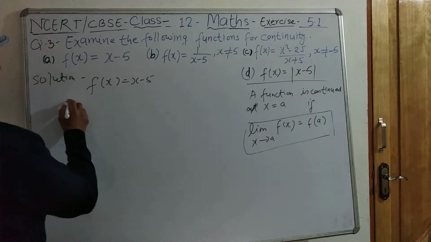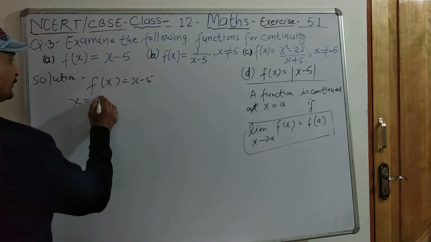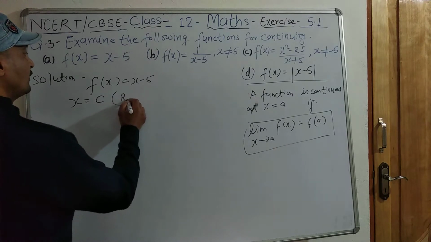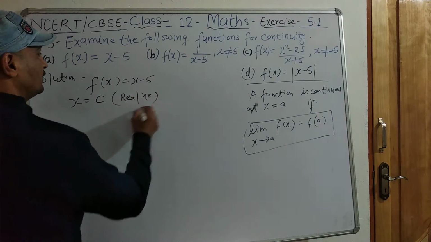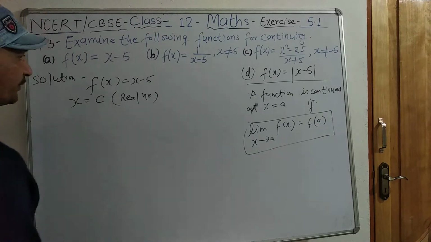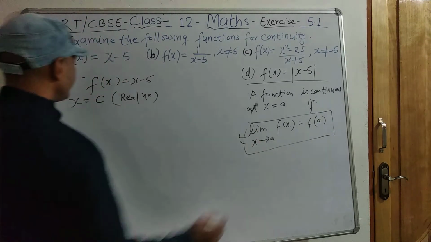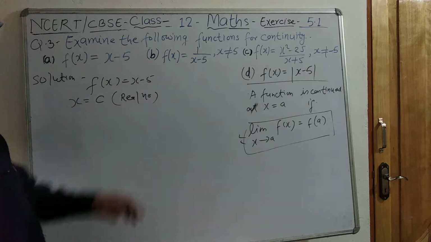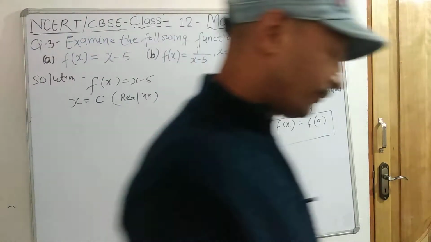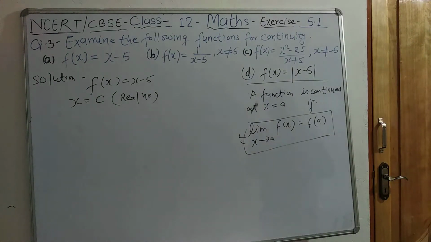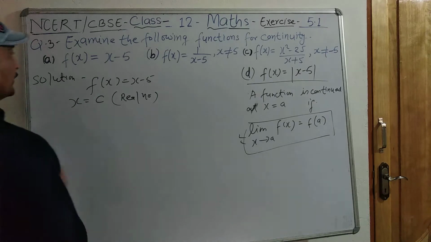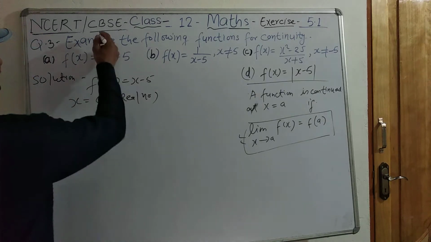Suppose we take x is equal to c, that belongs to the real numbers. Actually, it is a linear polynomial. A polynomial function is always continuous at each and every point. But how to show this? How to examine this? Let's see.